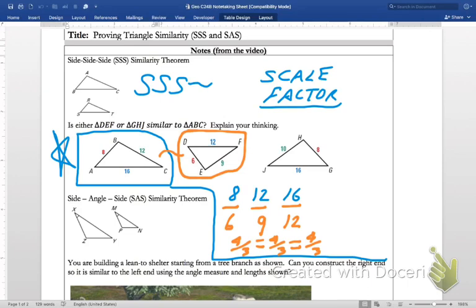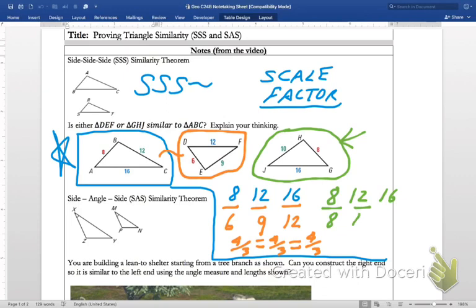But let's look a little deeper. Now let's compare the blue triangle to this last triangle that we'll color in green. Again, the sides of the first triangle are 8, 12, and 16. If we put the sides in order in this green triangle, the smallest side is 8. That goes underneath the smallest side here. The middle side is 10.